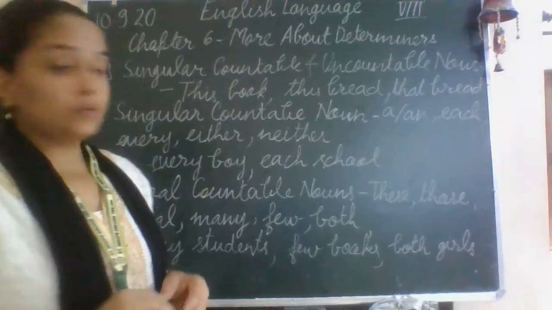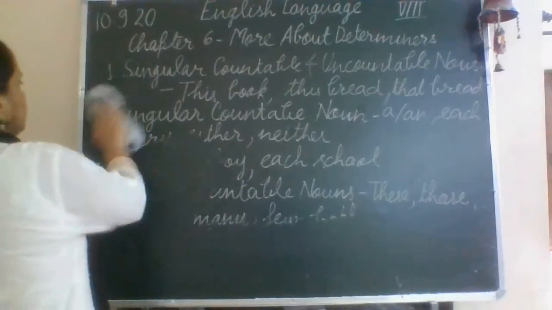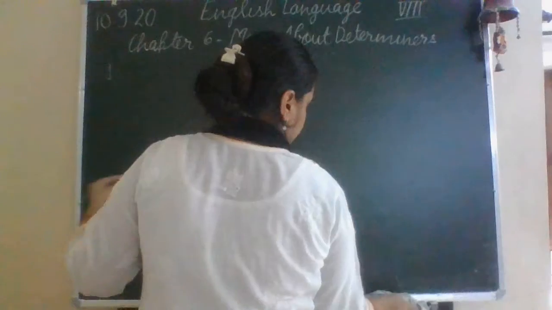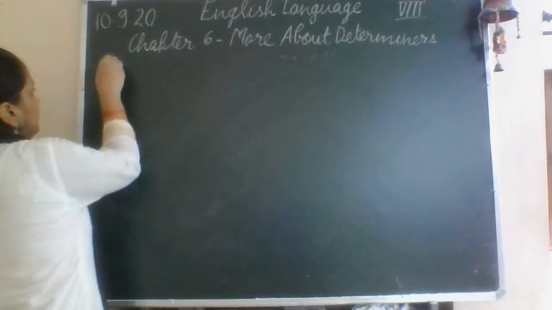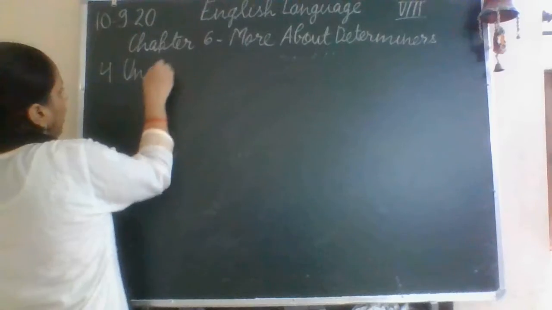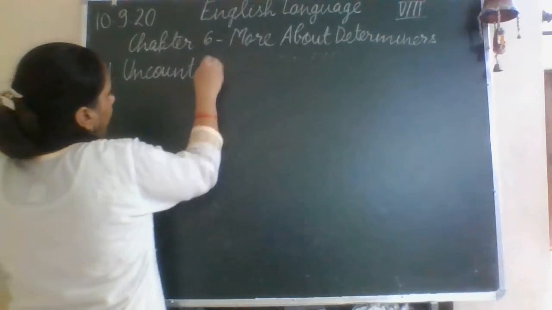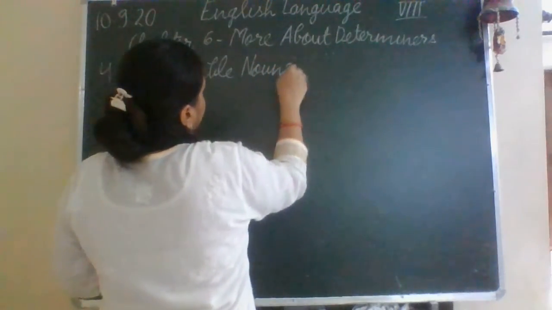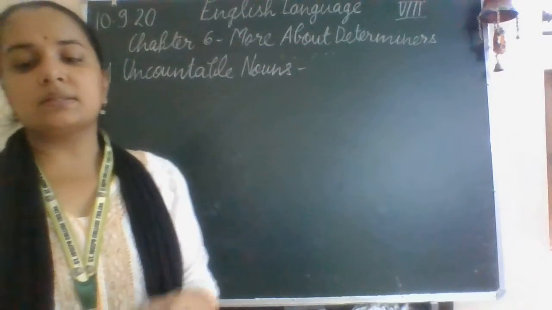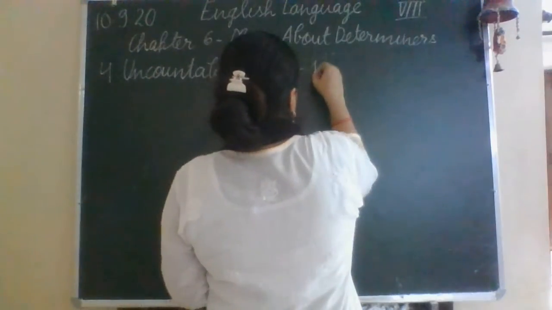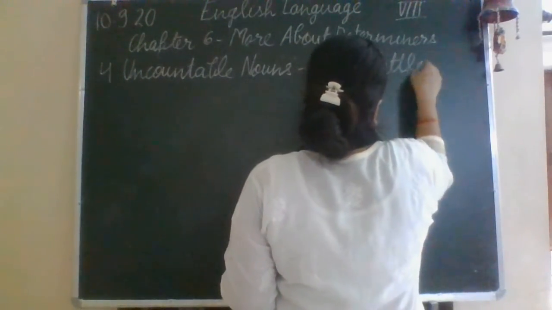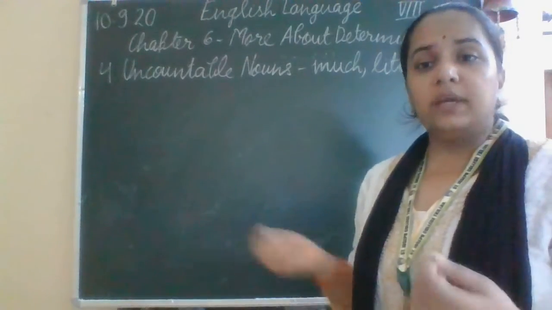Now, the fourth category is which are used with the uncountable nouns. What can be these determiners? Much, little. Where the determiner also does not indicate any number or something which can be counted.